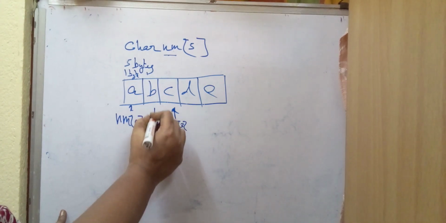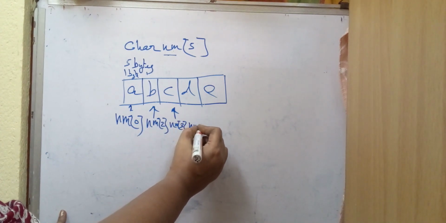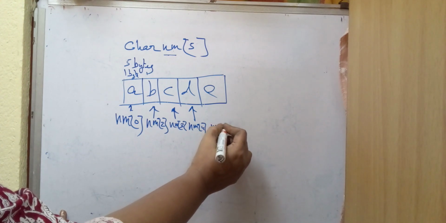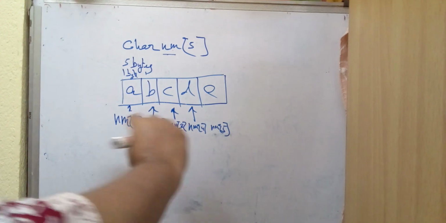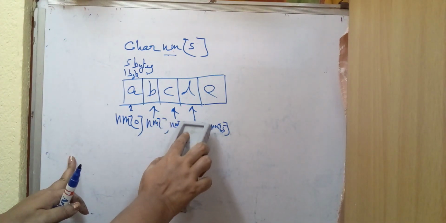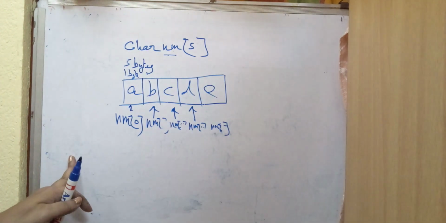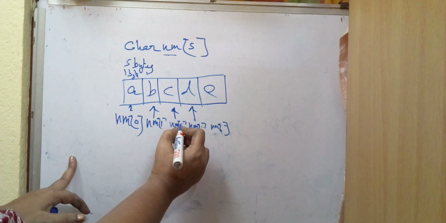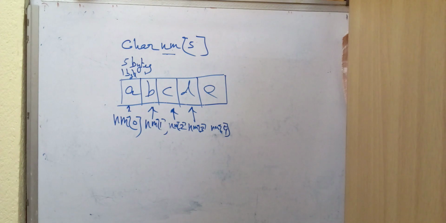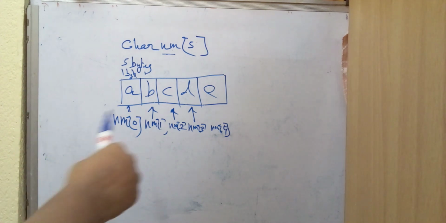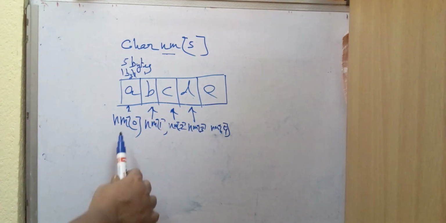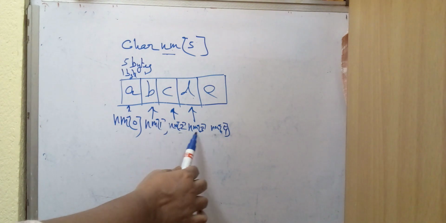It's nm3, nm2, sorry, 1 2 3 4. Each item in the array is called an element. So these are the elements and this is the address.